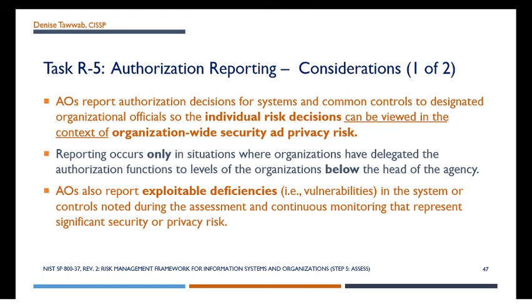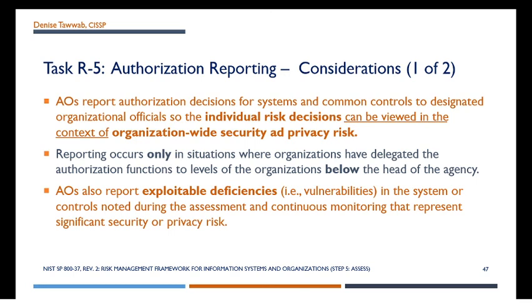Reporting occurs only in situations where organizations have delegated the authorization functions to levels of the organizations below the head of the agency, and that's T-O and not T-W-O. So let me say that again. Reporting occurs only in situations where organizations have delegated the authorization functions to levels of the organizations below the head of the agency.